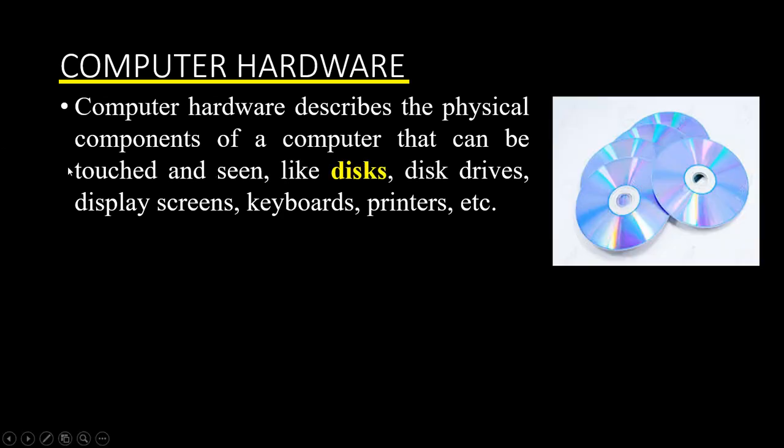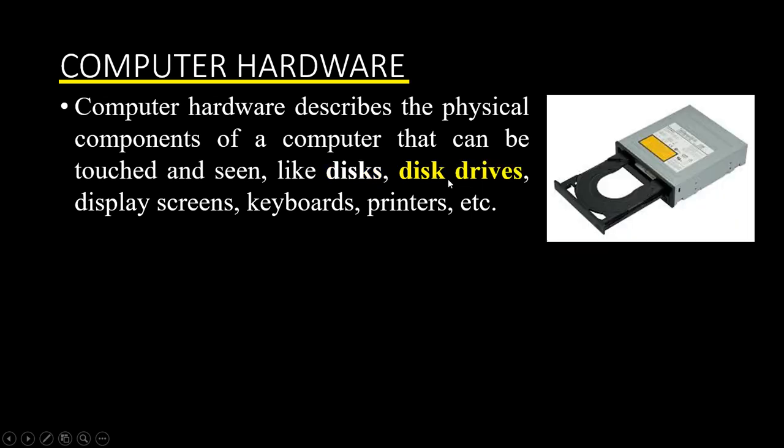Examples can be a disk, which you can see. It is physical, a hardware component. Also a disk drive: you can look at its physical appearance, you can touch it, and you can even see its mechanical parts as it works. That is a piece of hardware.